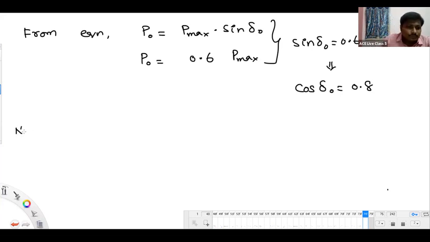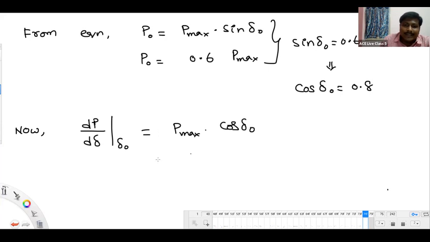Now, the synchronizing power coefficient value at an angle of delta naught is P maximum cos delta naught, P max number 4, cos delta naught number 0.8.